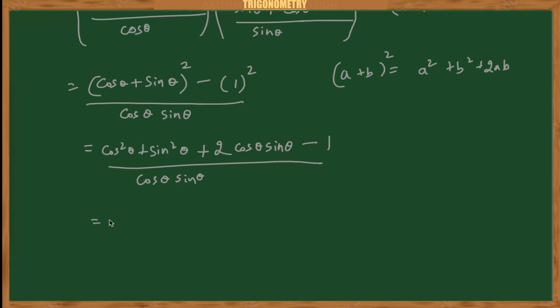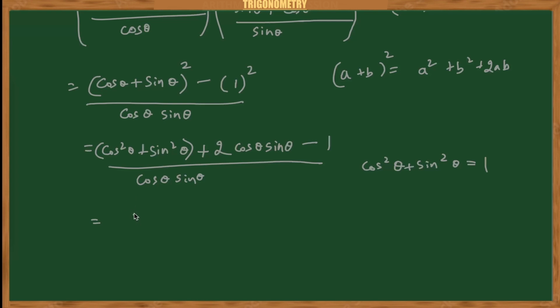We know there is one formula: cos square theta plus sin square theta is equal to 1. Let me write it down here. So we can replace this value.